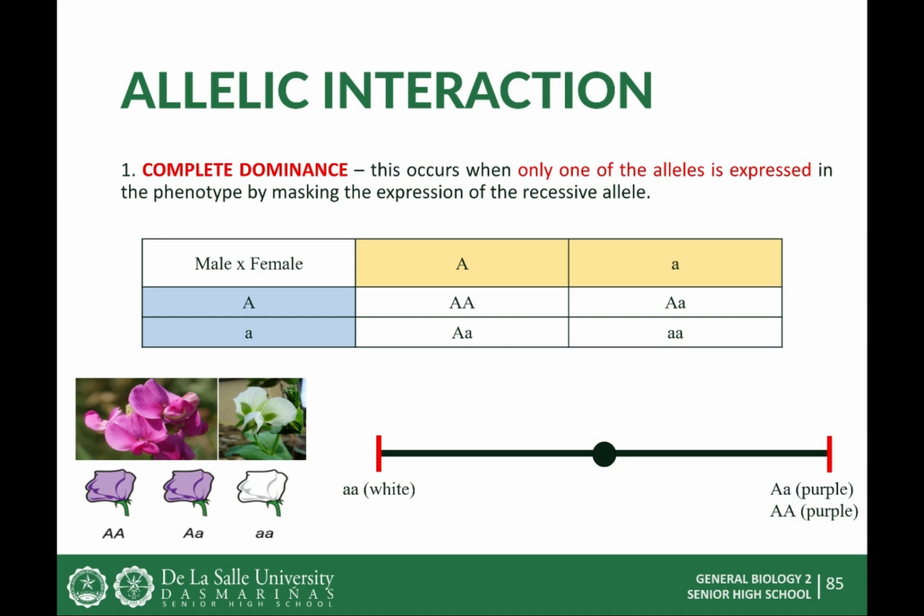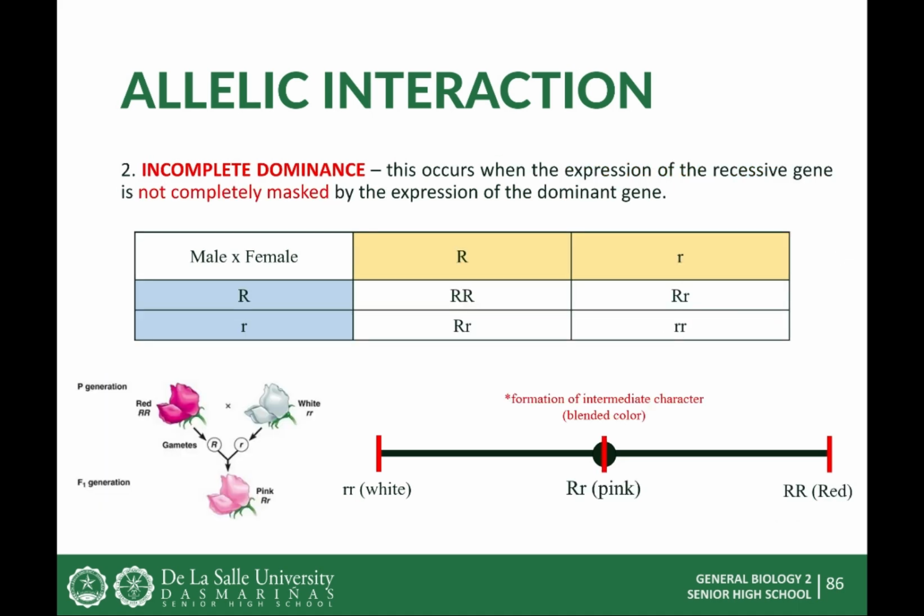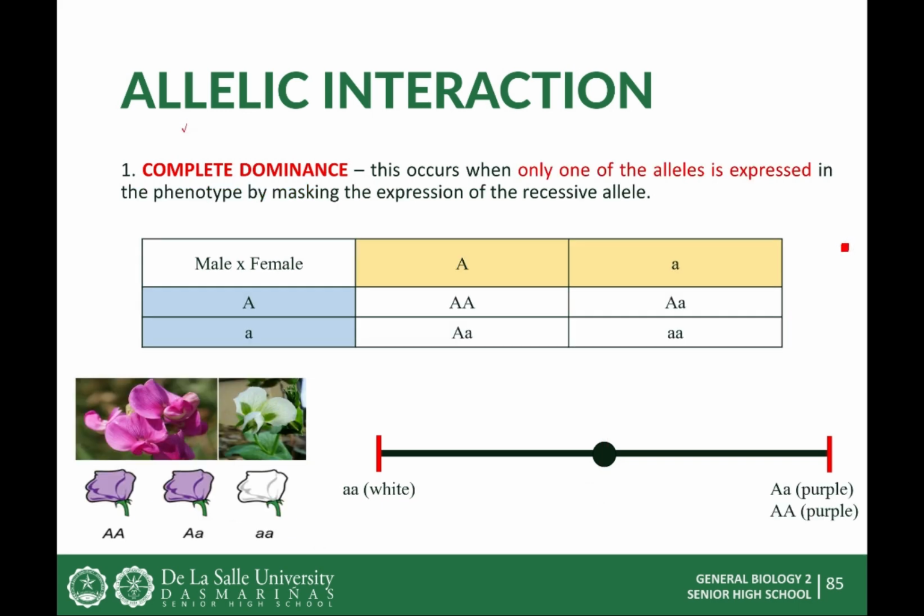So this purple flower has a dominant homozygous or dominant heterozygous genotype, and therefore the phenotype will come out purple. However, if both alleles are homozygous recessive, the phenotype will come out white. So somehow it's similar to what you have learned in Mendelian genetics.